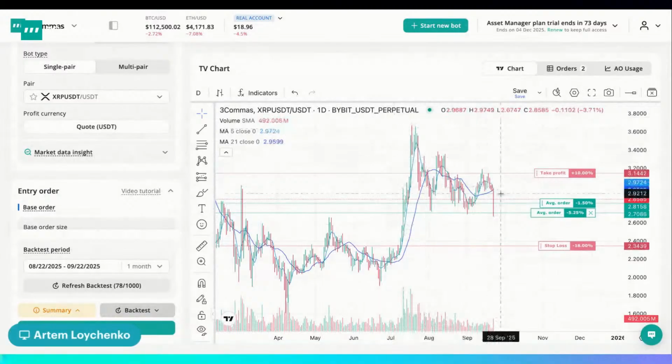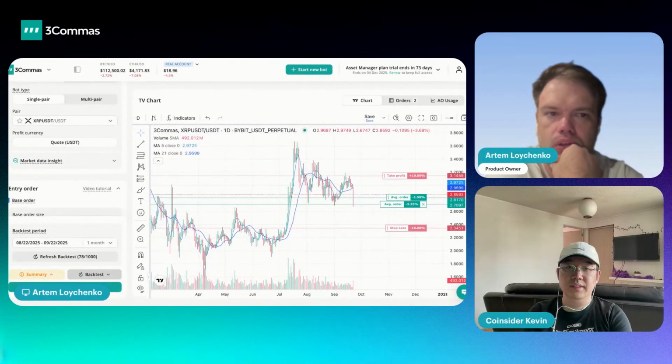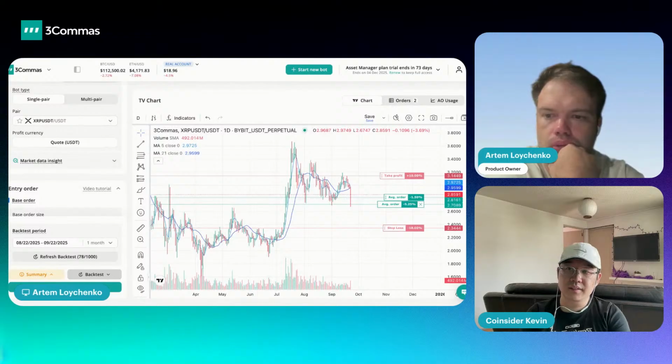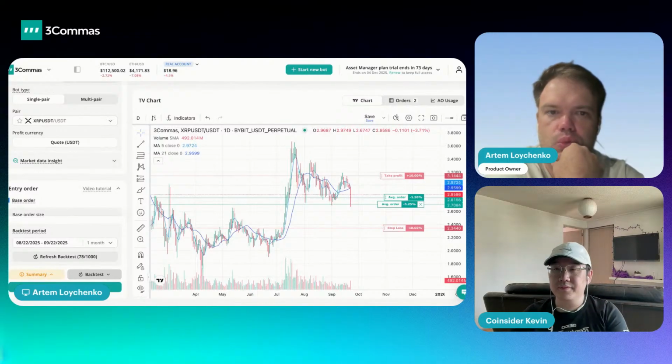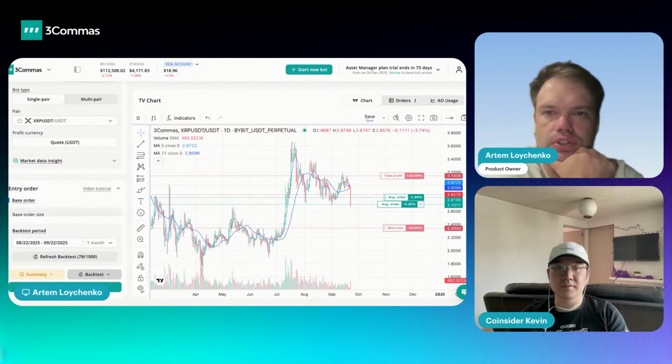So first, I would see how the volatile strategy would do, and the volatile was the one that we just checked. I will just reopen it, so I will not spend time with the configuration.